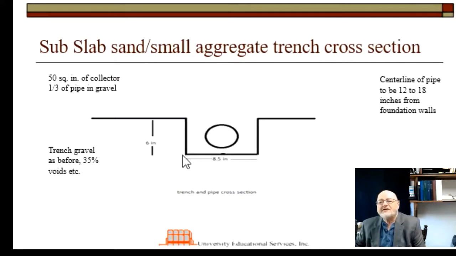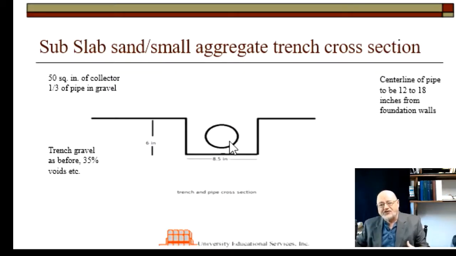As you can see here, here's the trench. I'm drawing one way you could put a trench, some gravel, and put the pipe, embed the pipe within that gravel. This is just one way to do it. The conditions are approximately this, that at least a third of the pipe, roughly, has to be set within the gravel.